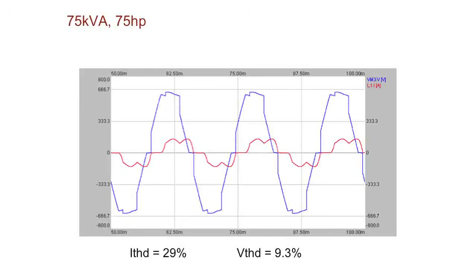So if I take that same 75 horsepower drive and move it over to a 75 kVA transformer, pretty small guy now, you can see what happens to the voltage. It's not a very nice voltage waveform anymore, right? We got some flat topping going on here. And with voltage and current distortions and harmonics, impedance of the transformer comes into play. If we put a larger transformer compared to a smaller transformer, a larger transformer has more impedance or less impedance?